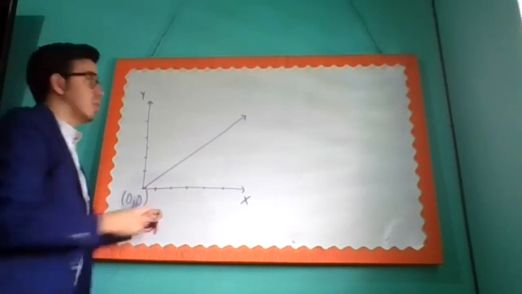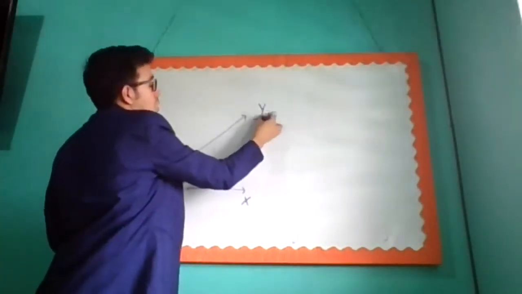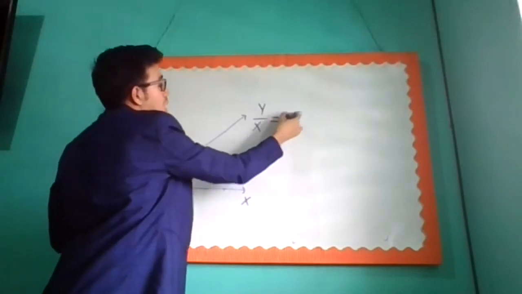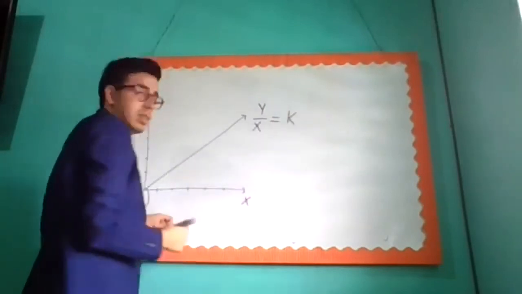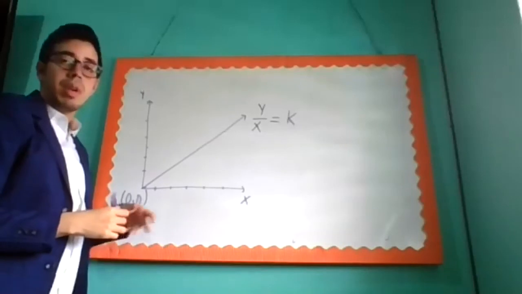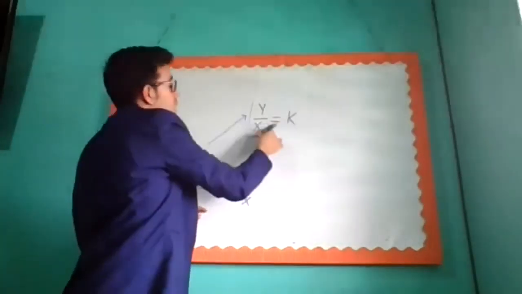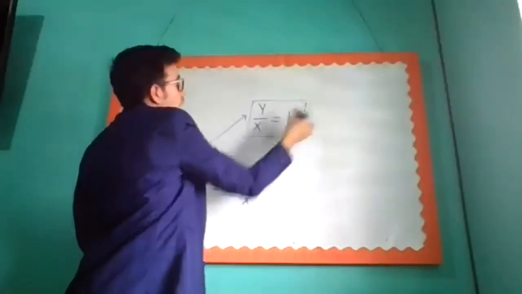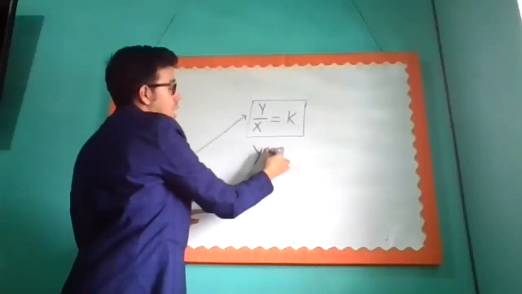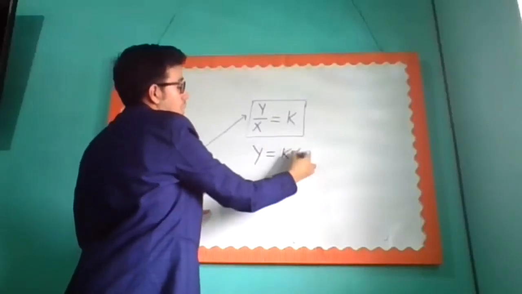Okay, and you divide y over x to obtain the value of k. Remember about the formula. I'm going to write it for you, this is the formula. And later we use the other formula, y is equal to k multiplied by x.